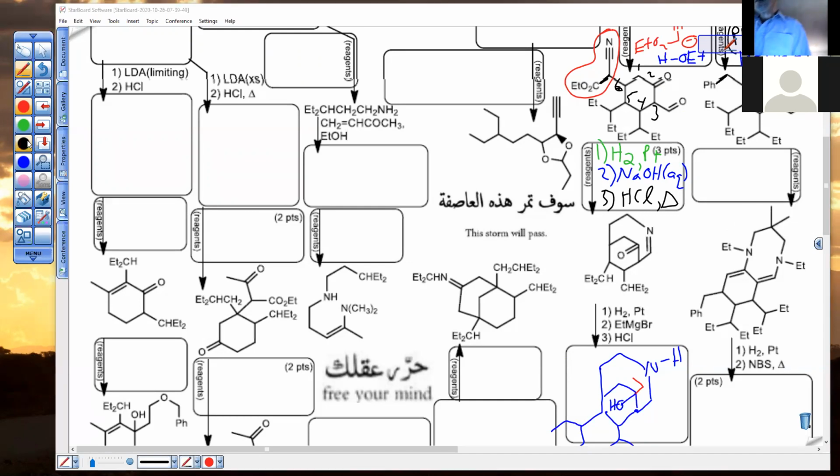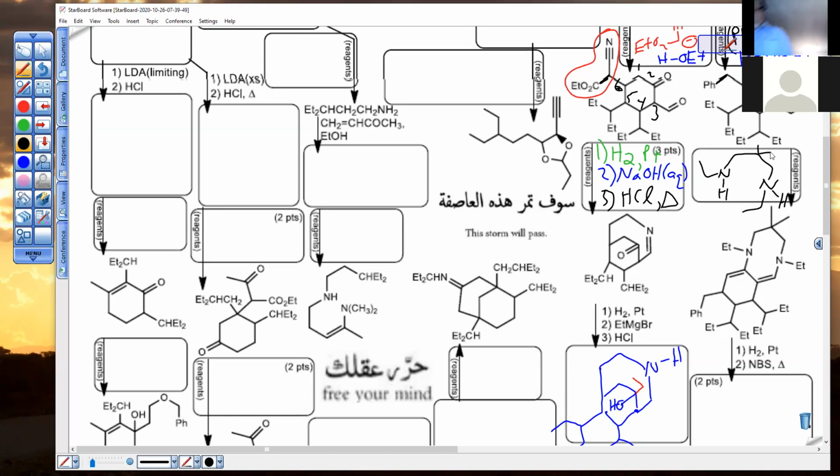So this is just good old diamine action. Ethyl on nitrogen with H, 1, 2, 3 carbons between, with an ethyl and H and a geminal dimethyl on top.